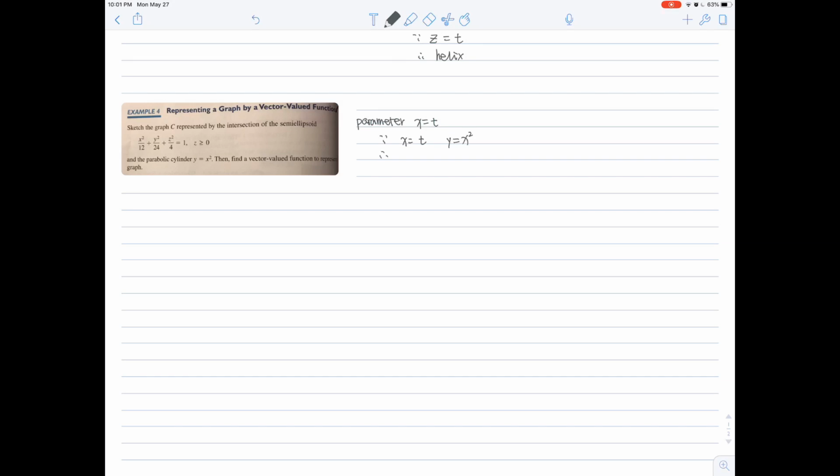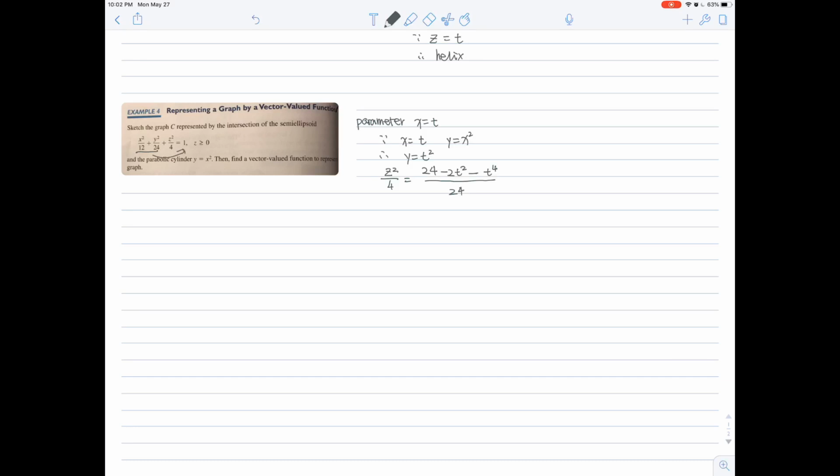And then we move x²/12 plus y²/24 to the right side of the equation, and we obtain z²/4 = 24 − 2t² − t⁴/24.